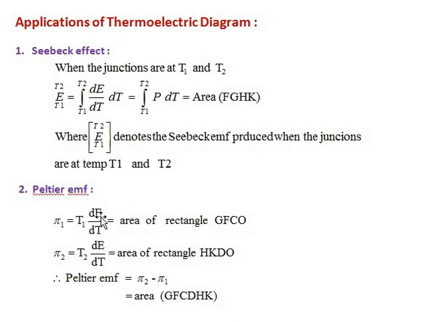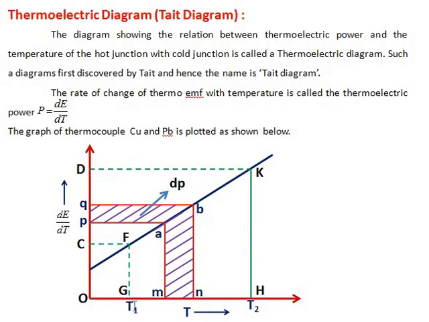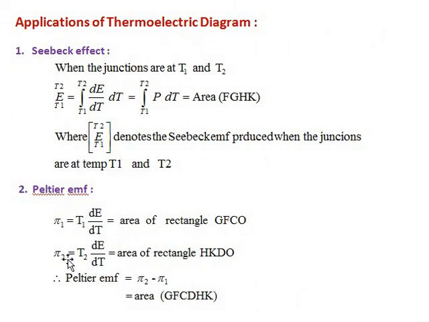Remember, T1 into dE by dt is equal to GFCO. Clear? Then pi2 is equal to T2 into dE by dt. So that is equal to area of rectangle HKDO.